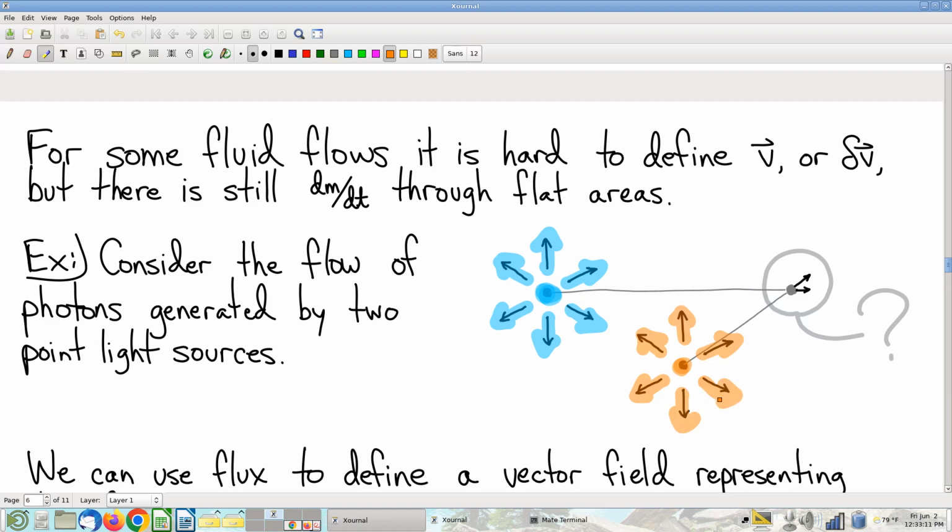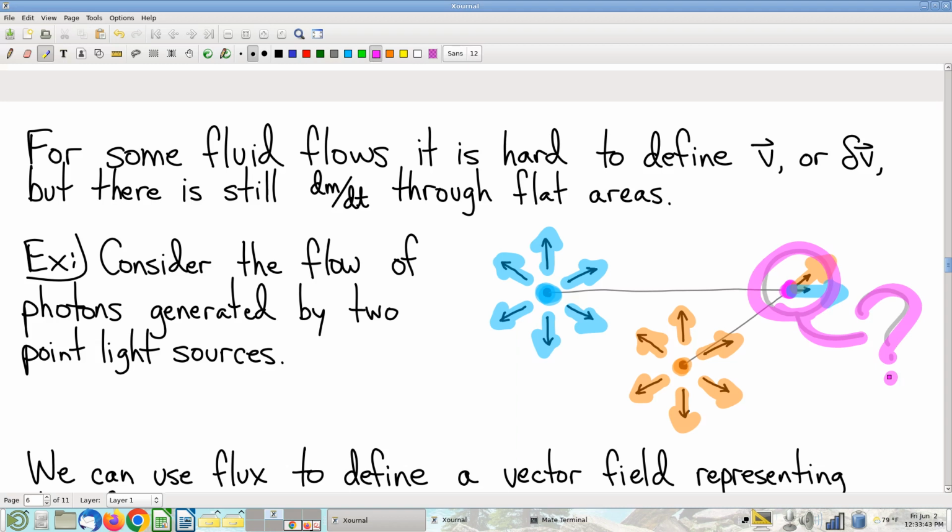Here's the thing. At points that are distantly separated from both, there are two kinds of photons that go through that point. There are the photons at the purple point that came from the orange light bulb, and there are those that came from the blue light bulb. So how would I describe, if I wanted to have a single vector that describes what the nature of the fluid flow is at that purple point?